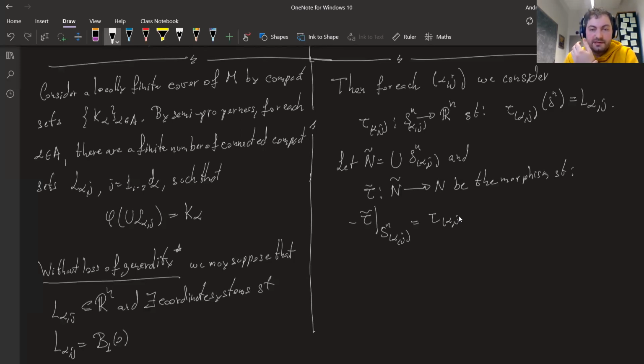Now, we claim that this is the morphism that we are searching for. Claim: theta bar is the searched morphism.